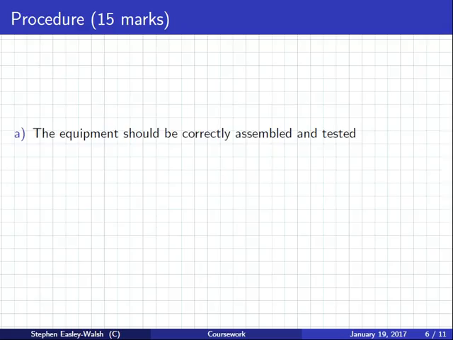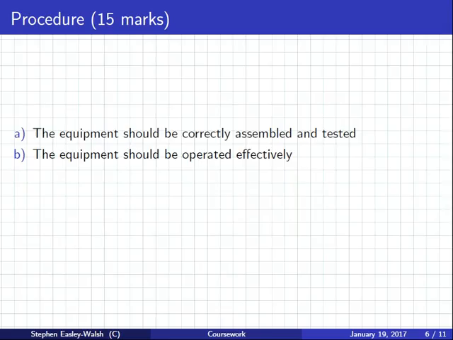Do you understand? What could you do to test the light gates? Well, you need to make sure they're at 0 as well. You know the word calibrate? Calibrate means to check it's at 0. Anyways, the equipment should be operated effectively. So you need to show in the report that you use the equipment correctly.